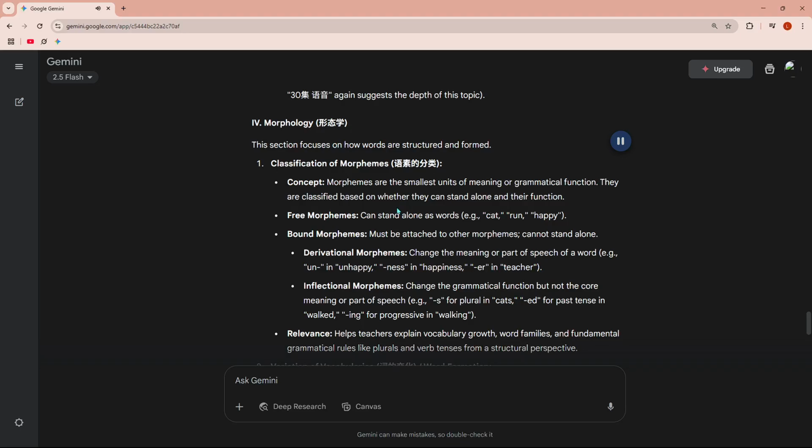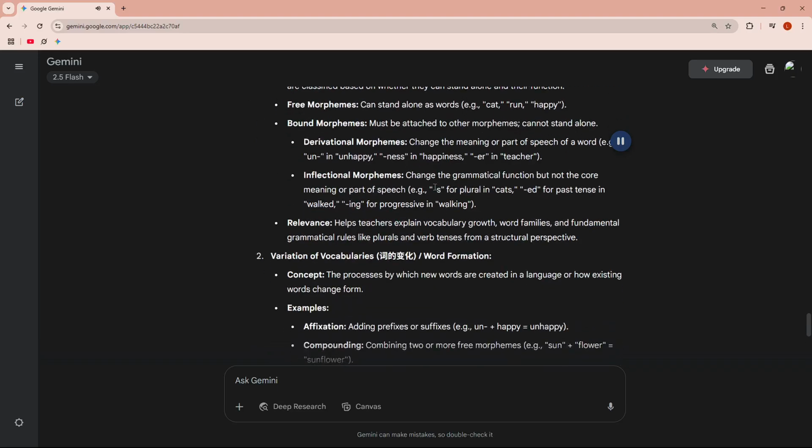Inflectional morphemes change the grammatical function but not the core meaning or part of speech, e.g., -s for plural in cats, -ed for past tense in walked, -ing for progressive in walking. Relevance: helps teachers explain vocabulary growth, word families, and fundamental grammatical rules like plurals and verb tenses from a structural perspective.